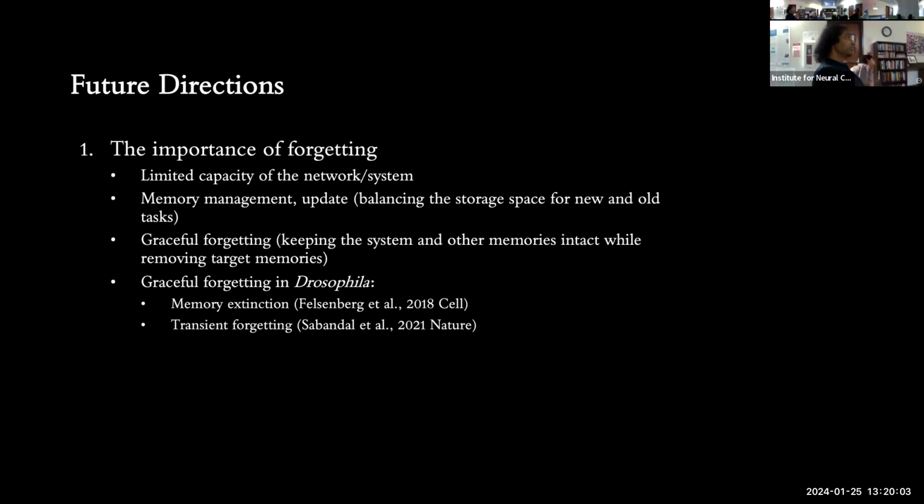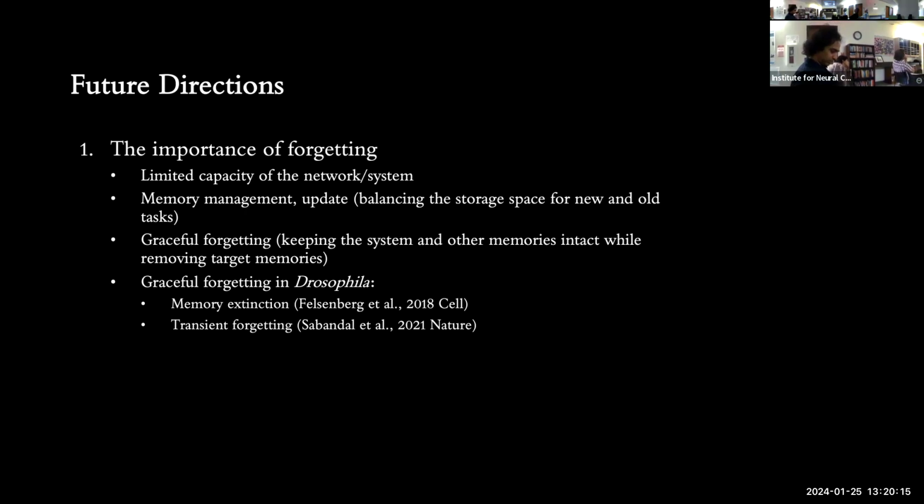So, future directions. I've talked about how important it is to avoid catastrophic forgetting, but in fact, forgetting is a very healthy part of learning because there are limited capacities in the network. So we need to manage the memory to carefully allocate our space for new tasks and old tasks.